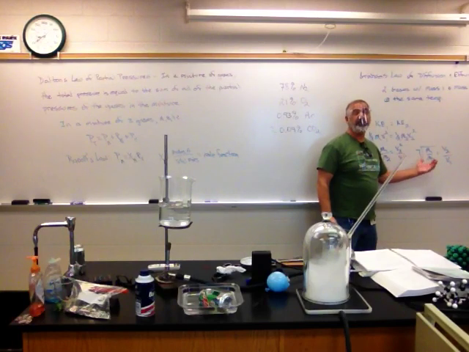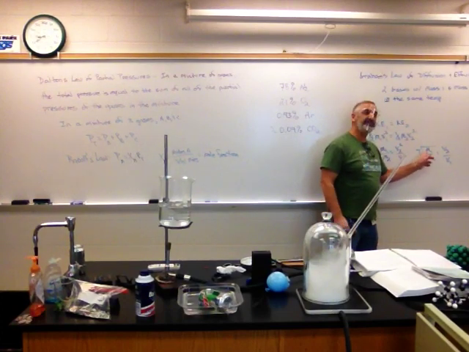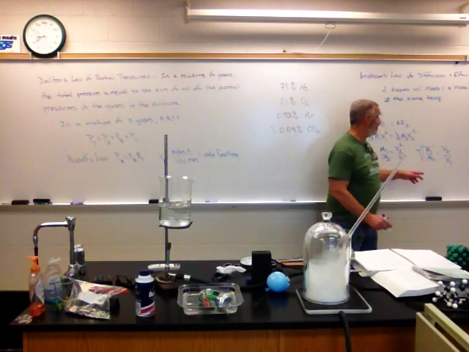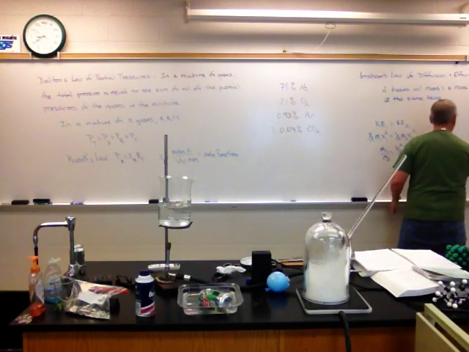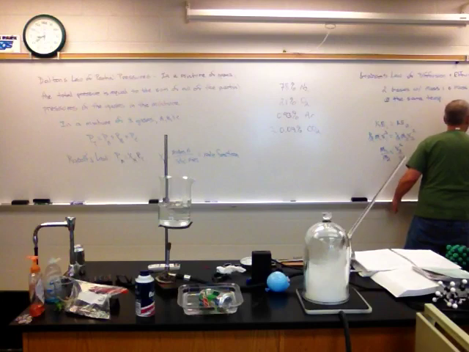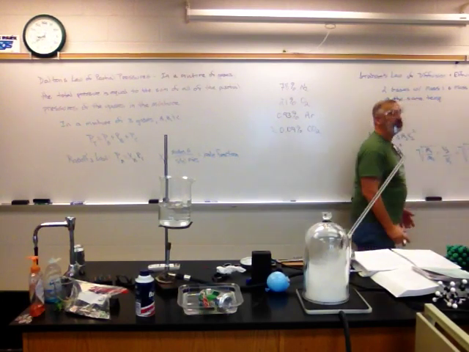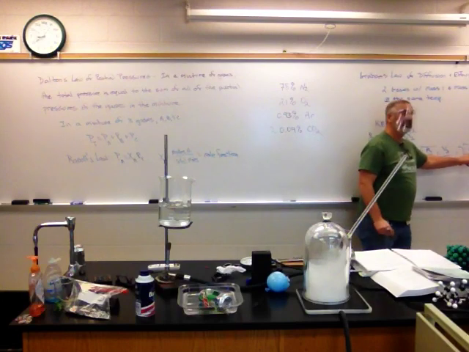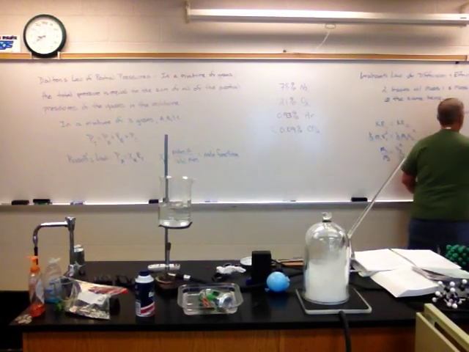Most of the time we use molar mass here. So we could re-say that this is the square root of the molar mass of 1 over the molar mass of 2 is equal to the velocity of 2 over the velocity, or the rate of diffusion, of 1. This is really Graham's law right here.